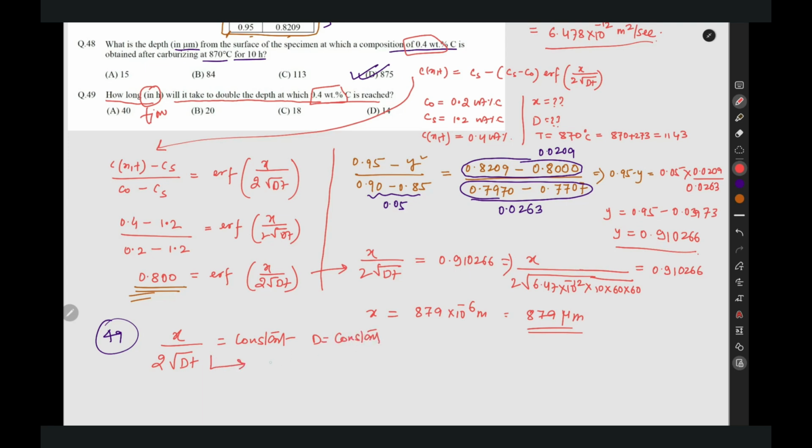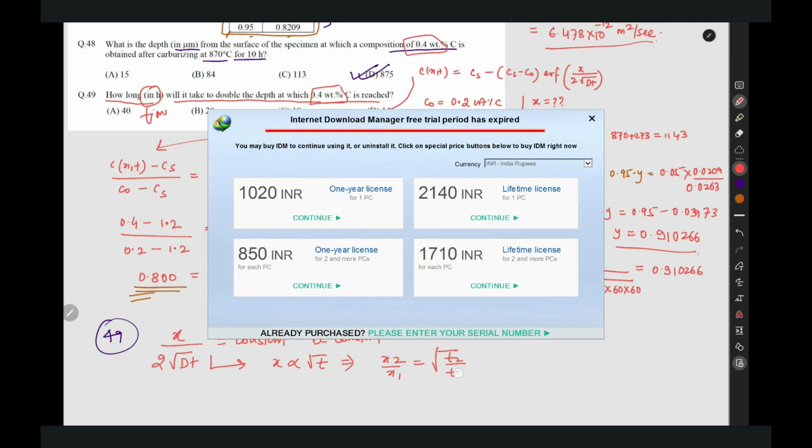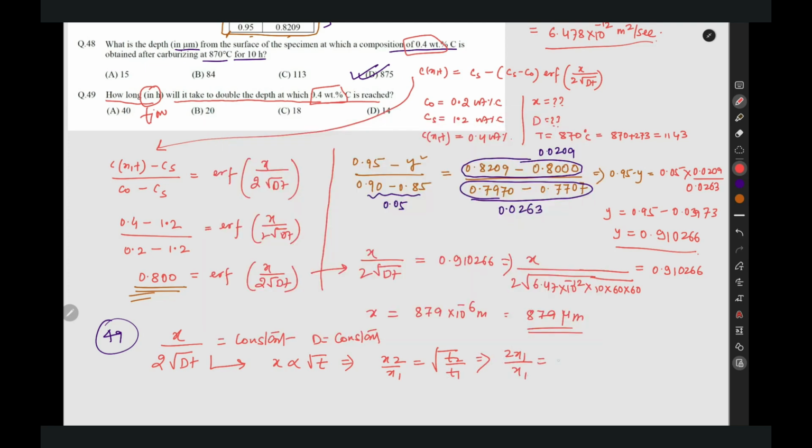So final expression we can write x directly proportional to root t. So we can write x2 by x1 equal to root t2 by t1. x2 is 2x1 equal to root t2 by t1, and t1 is, sorry, it's 10 hours.